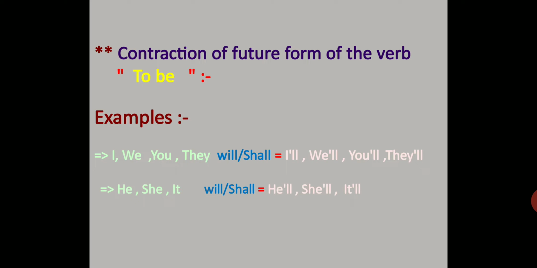If we want to make these pronouns with will in contraction form, we remove only the first letter. And when we want the contraction form with shall, then we remove the first two letters of shall. And the contraction form will be the same, either of will or of shall. So it will be he'll, she'll, it'll.